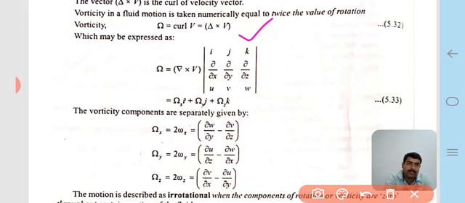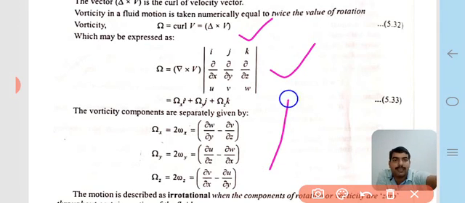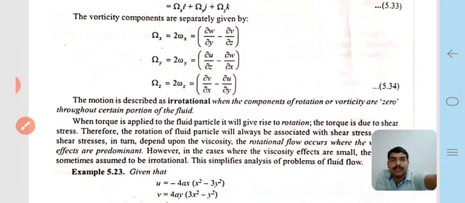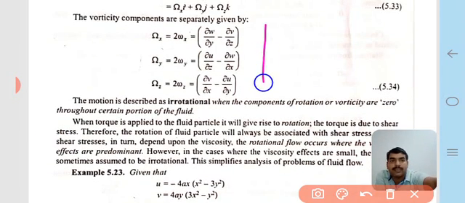Expressed in determinant form, curl of v is i, j, k; del upon del x, del upon del y, del upon del z; and u, v, w. It is written as vorticity in x i plus vorticity in y j plus vorticity in z k. The vorticity components are expressed separately.